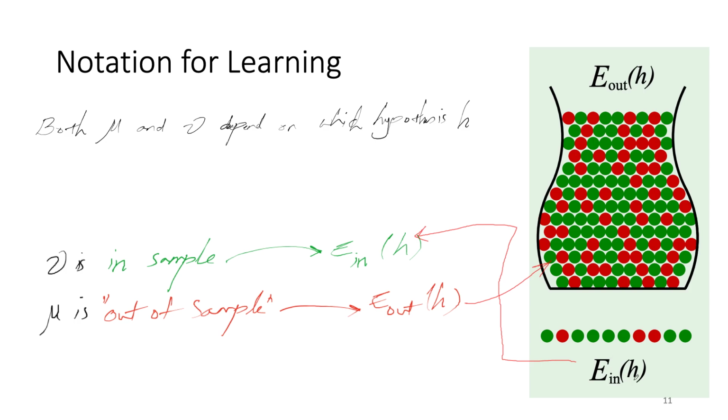In a sense, this represents the training examples that you saw, and these are outside the training examples. That's why we call them E-out, because we didn't see them yet.